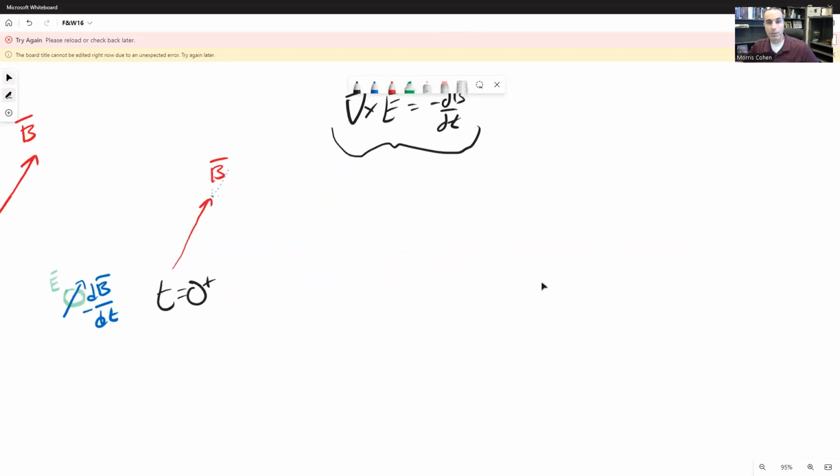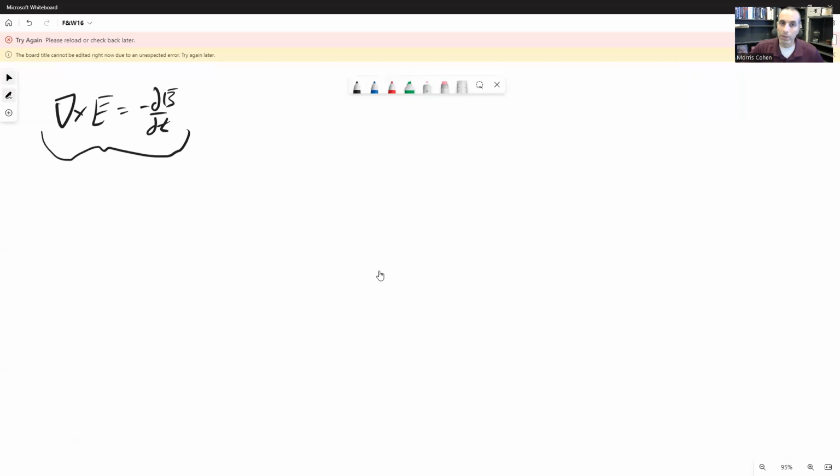Let me put this a different way so you can see how the directionality can work out. In order to separate the magnetic field from the time variation of the magnetic field, let's say that at t equals 0, this is our magnetic field. A short time later, we have a magnetic field that has the same vertical length, but we've now acquired a horizontal component to it as well.